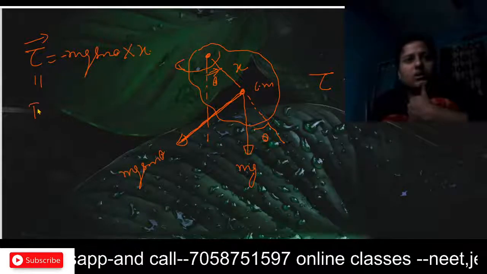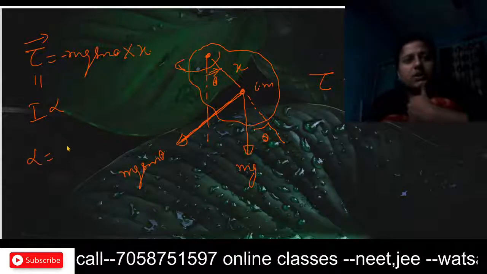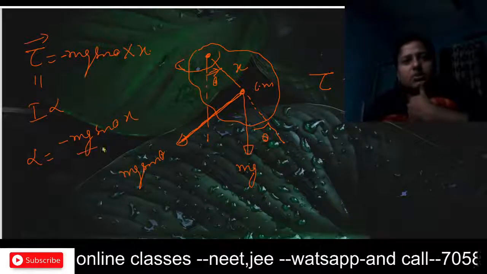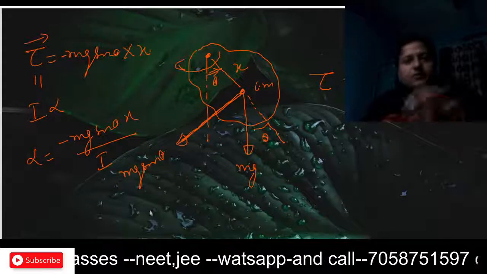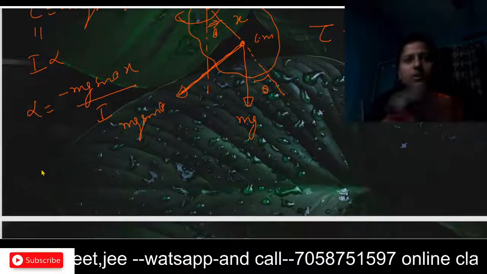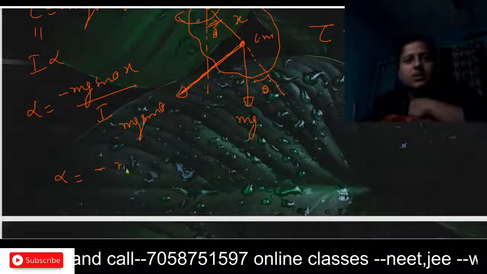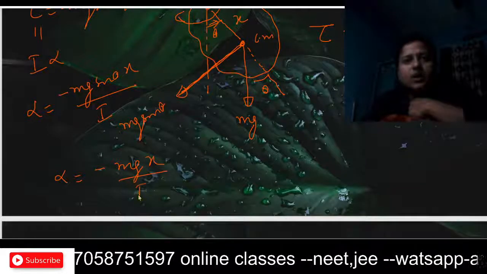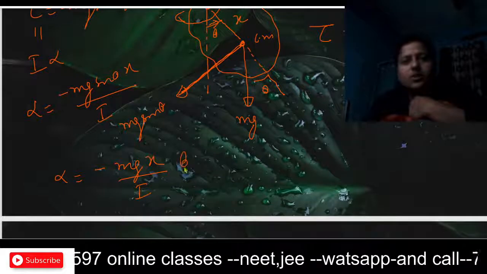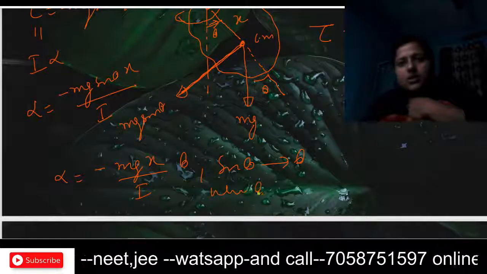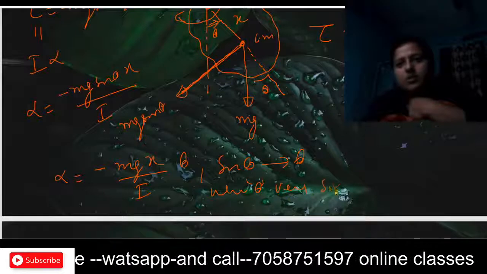And we know torque is I alpha. So what is alpha? Alpha is minus mg sin theta x over I. So alpha is minus mgx over I into theta, as sin theta is theta when theta is very small.